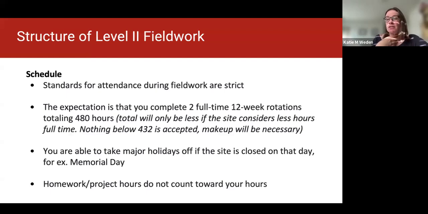This is all site specific, and if they require that, then you are to complete that, but those hours don't count towards your clinical hours. We need to have that minimum amount of actual clinical time practicing as a clinician. So those two things can't overlap.